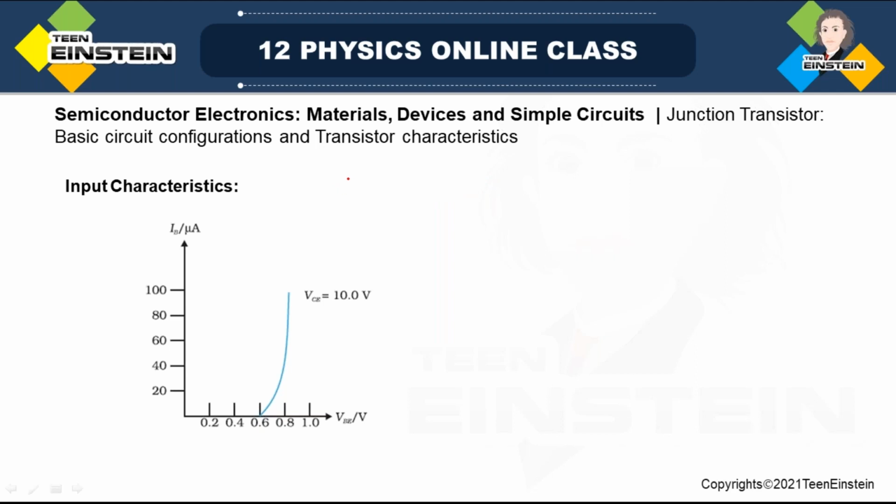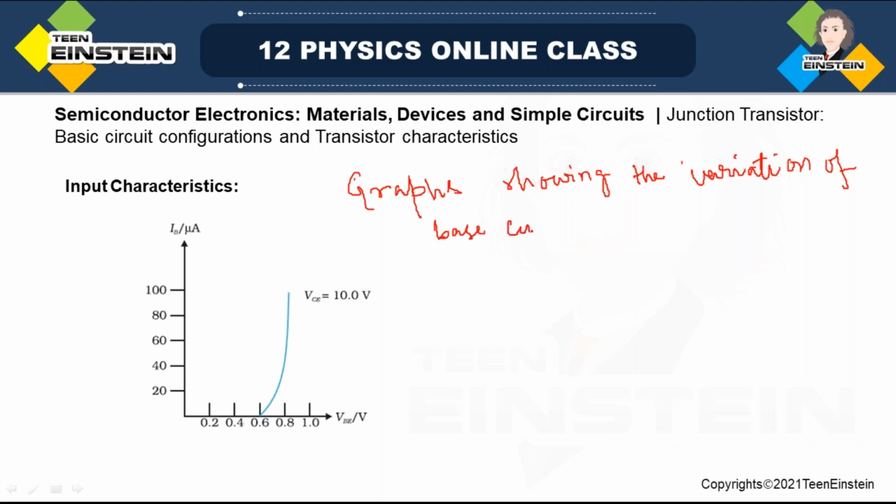These are the graphs showing the variation of base current, because the base emitter junction is the input junction.